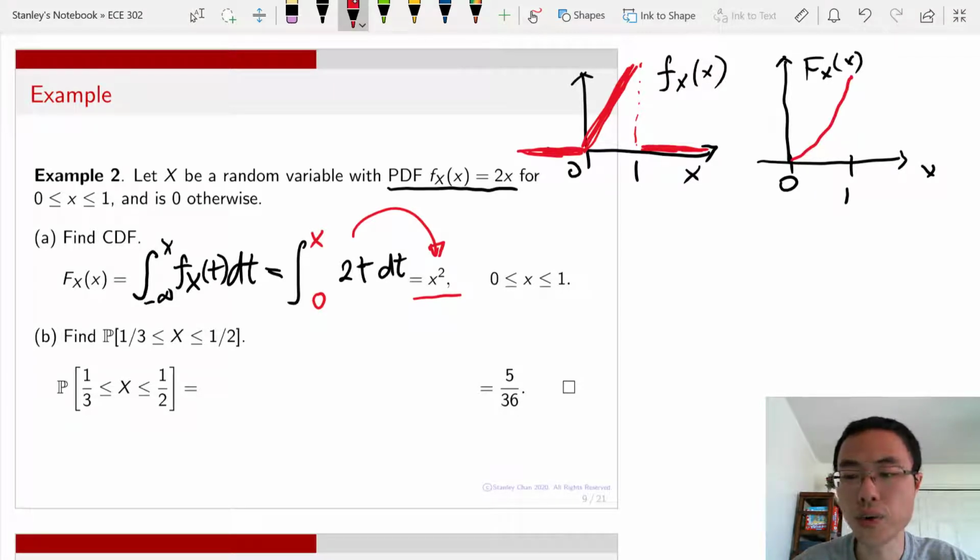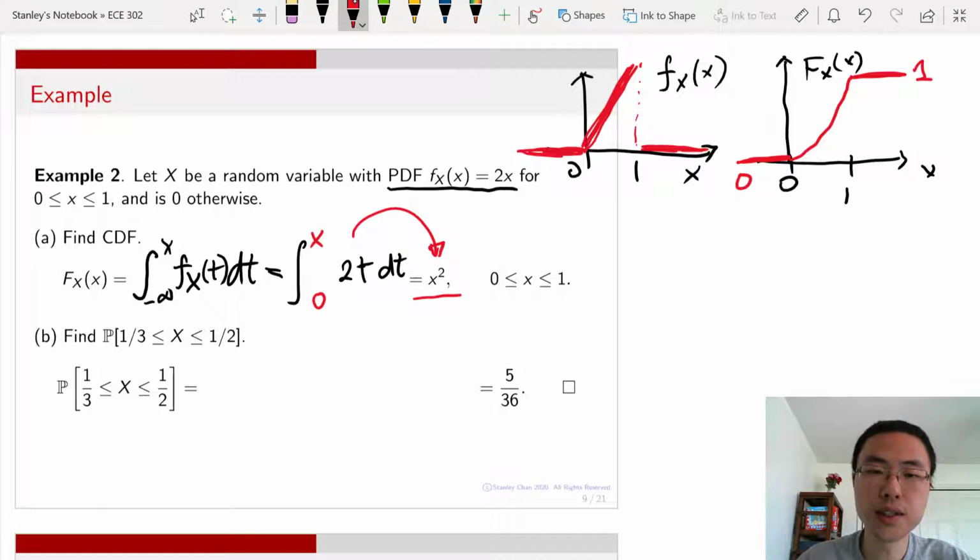Okay, so that's your x squared. For anything that is less than 0, you get 0. For anything that is bigger than 1, you get 1. Okay, so you go from 0 all the way to 1, and then the more x you go to the right, you will just increase the CDF value because you're integrating this curve.